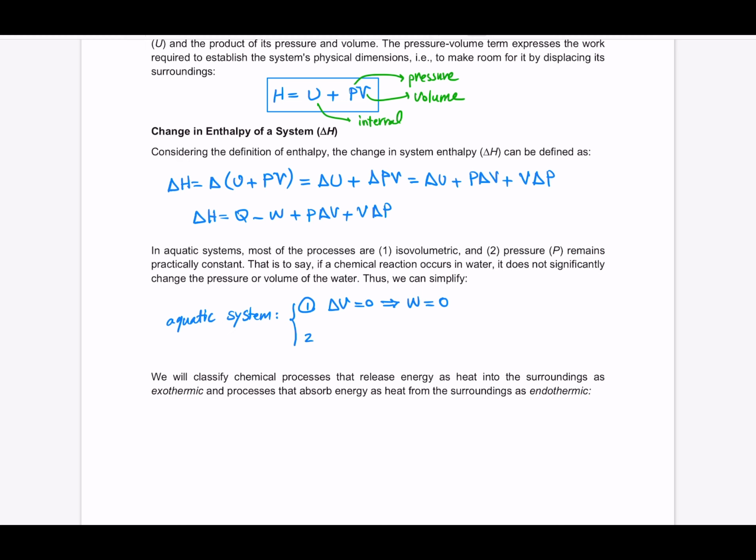Also, the reaction inside that lake doesn't result in changing the pressure of the lake as a system. So delta P is also almost 0. So because of that, delta H is equal to only Q. So this is the expression that you're familiar with. That delta H is that Q term, because the system we're dealing with is isovolumetric, and the pressure doesn't change much.